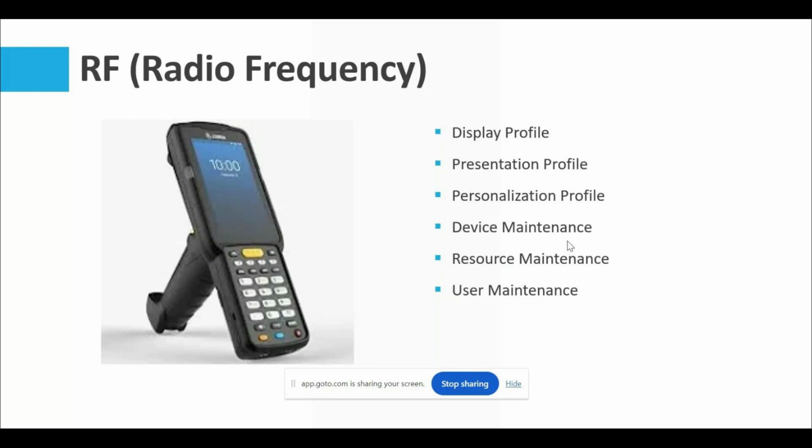We can have one profile created or multiple profiles created, and whether we have one device or multiple devices in the system, until we assign a display profile to the device, it doesn't know which display profile to execute. So whenever we are working with an RF application, the display profile remains at the top of the hierarchy of whatever configuration objects we will be seeing.